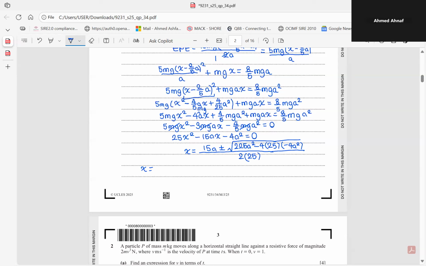Okay, now I'm going to just type all this into a calculator. You would get 15 plus 25a, that's 40a, divided by 2 times 25, you get 4 over 5a.